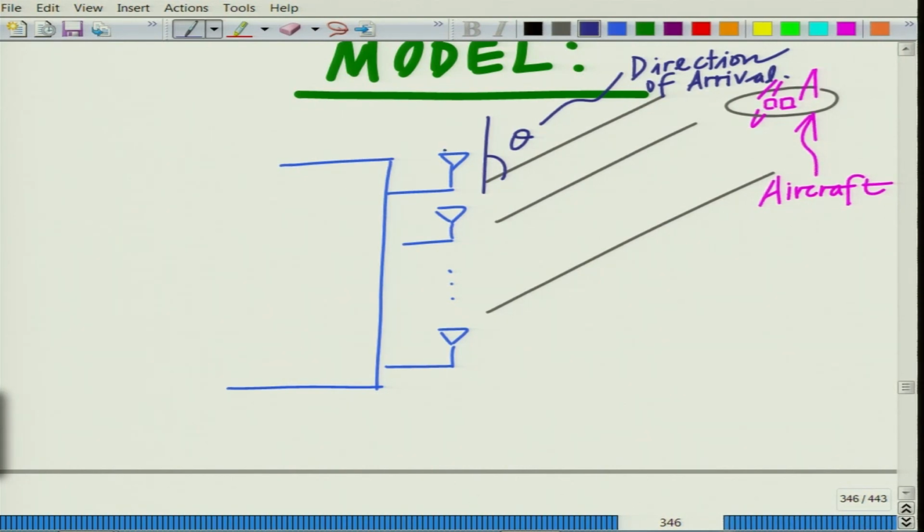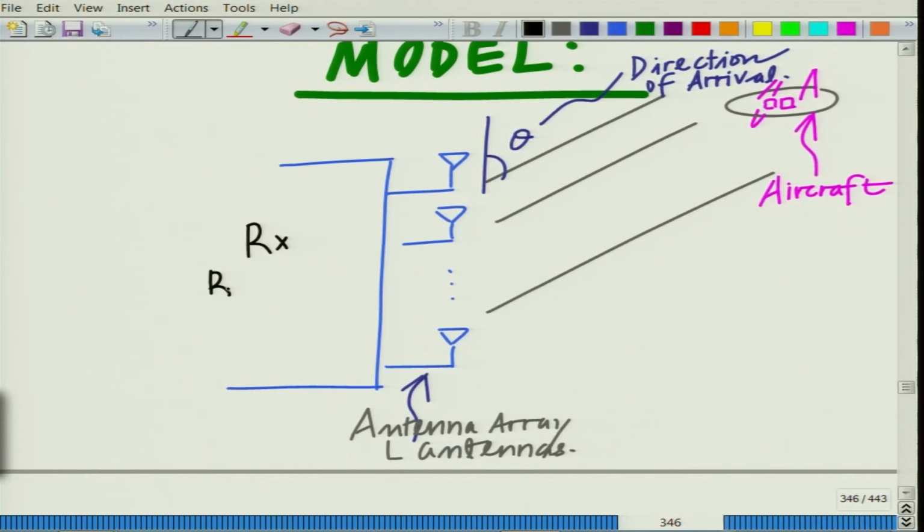This is essentially your antenna array with L antennas. This is the receiver. And let us say we have L antennas in this antenna array.